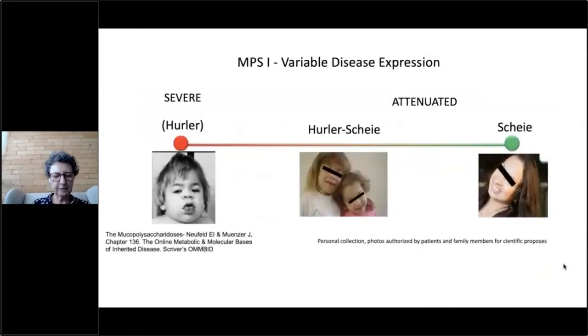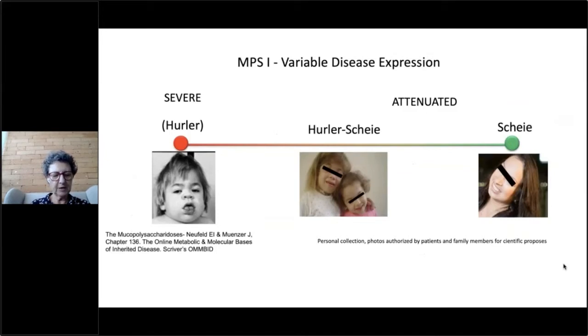Here we can see the variability of MPS I expression between severe and attenuated phenotypes. The severe with a face infiltrated by accumulation of GAGs, thick and dry hair, bifrontal narrowing, thick lips, and macroglossia.